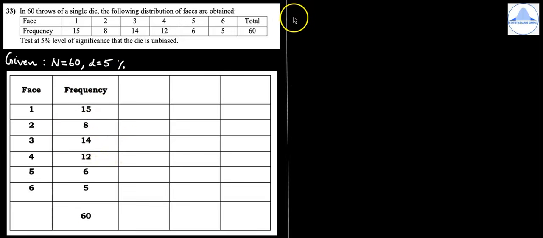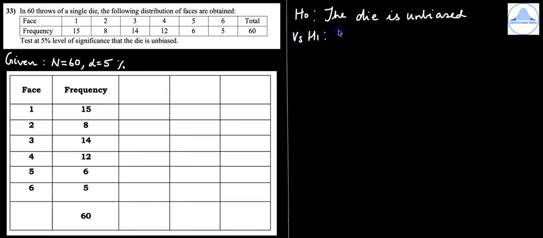Now the next step is we have to write H naught. So in goodness of fit test, whatever is asked in the question, that will be your H naught and its opposite will be H1. So H naught will be the die is unbiased versus H1, the die is biased.